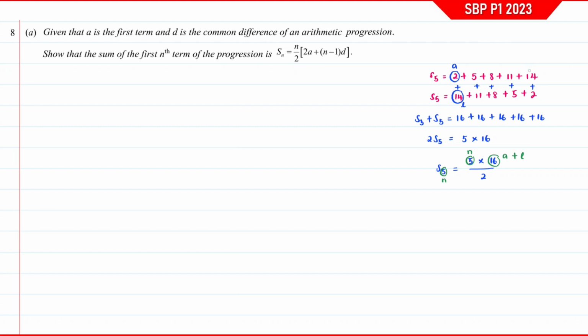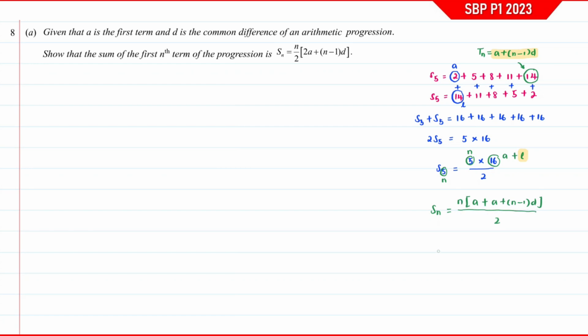In general, let's say the last term is the nth term. Then we can represent the last term as Tn equal to a plus (n minus 1)d. So if we substitute the L here with a plus (n minus 1)d, then Sn is equal to n times (a plus (n minus 1)d) over 2.